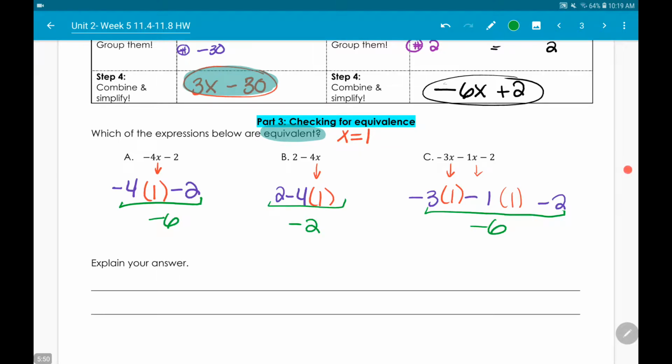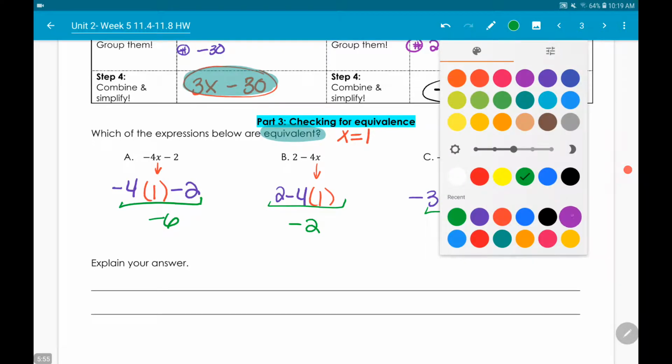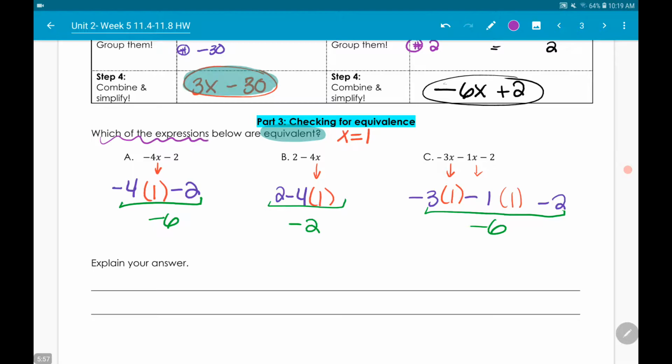All right, so I went ahead and plugged that into my calculator, and now we need to answer the question. Which of the expressions are equivalent?